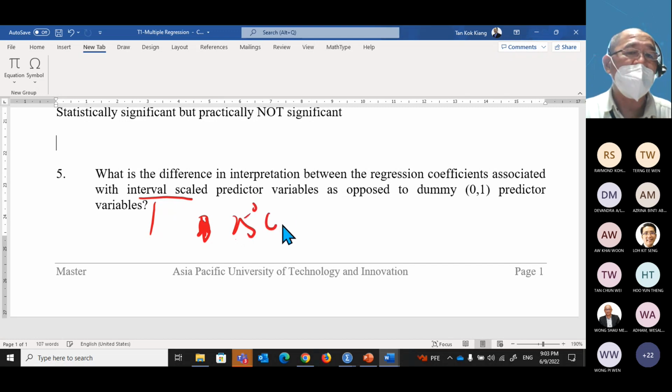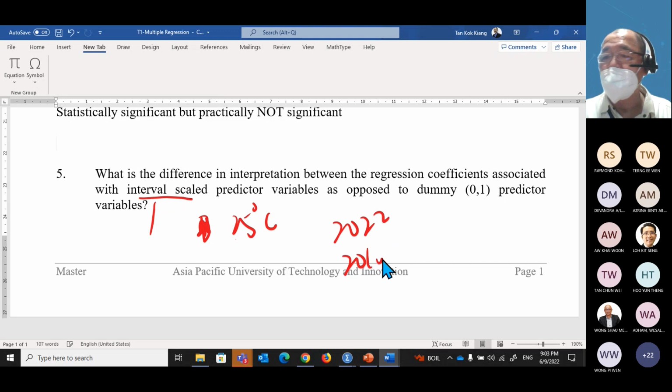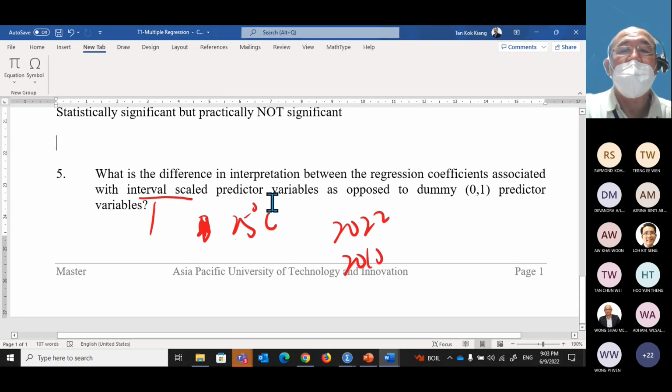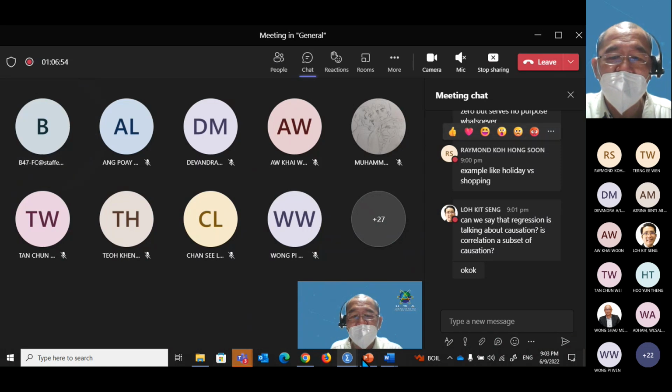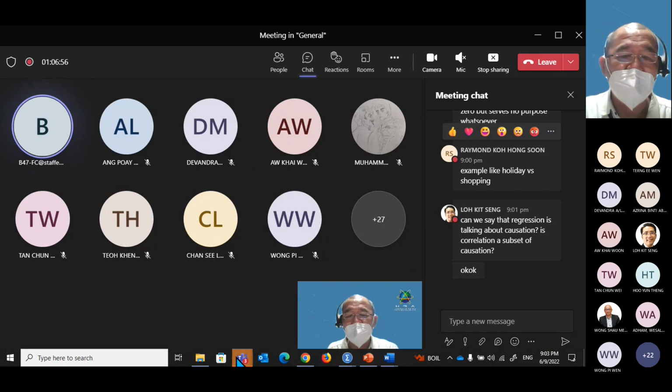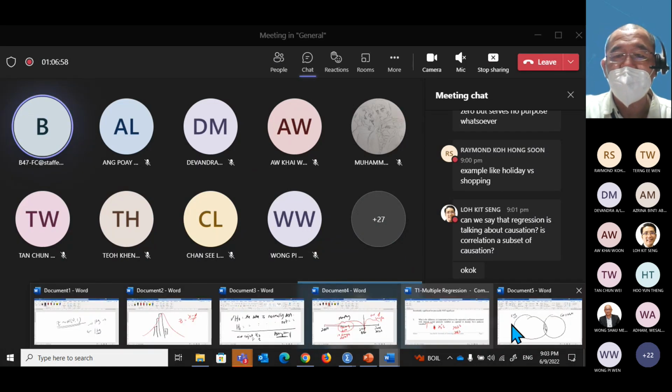And then the year, like 2022, 2010. These two are considered interval, versus dummy. So any comment from you about these two things? Try now.